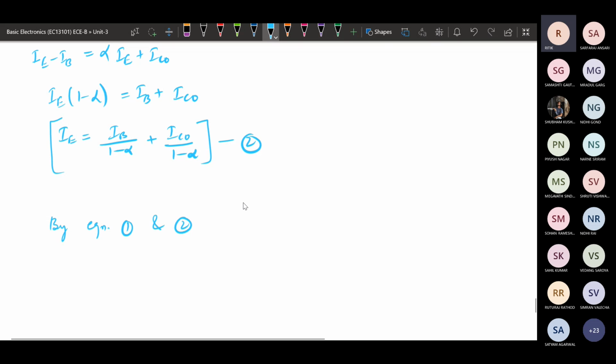By comparing equation 1 and equation 2, we get gamma equal to 1 by 1 minus alpha. And also we can see IECO is equal to ICO divided by 1 minus alpha.